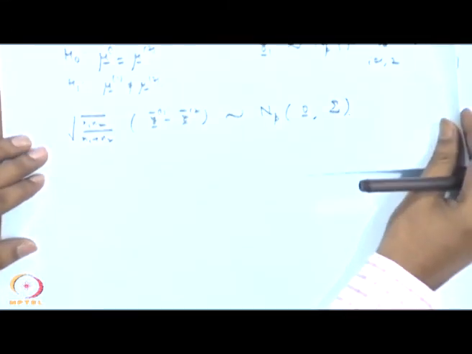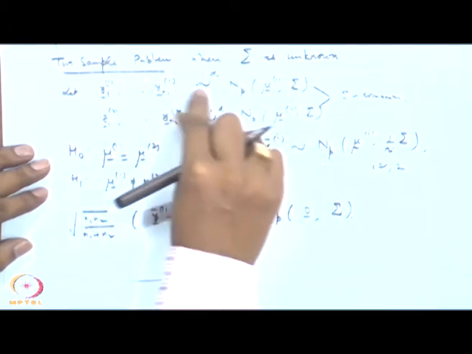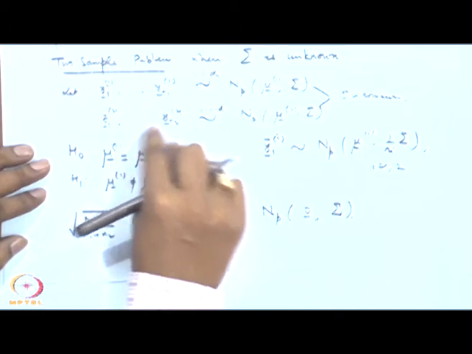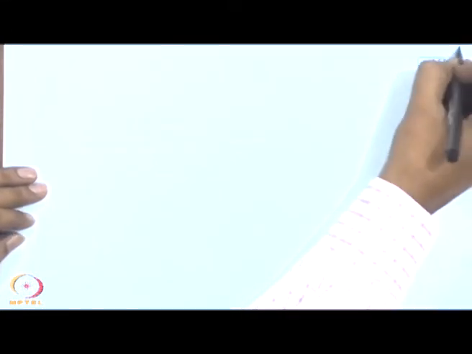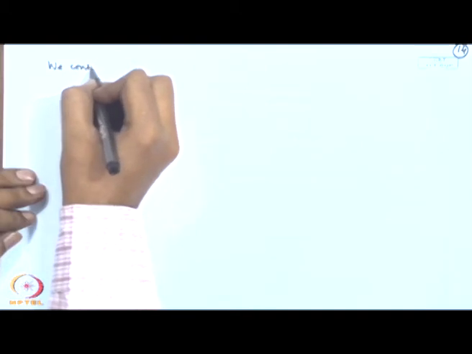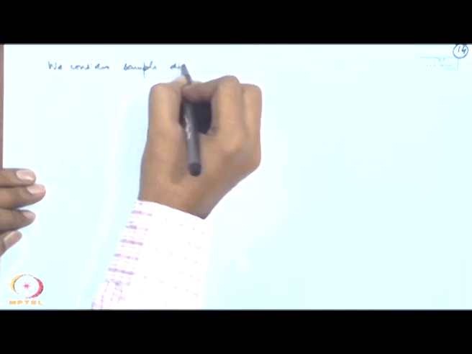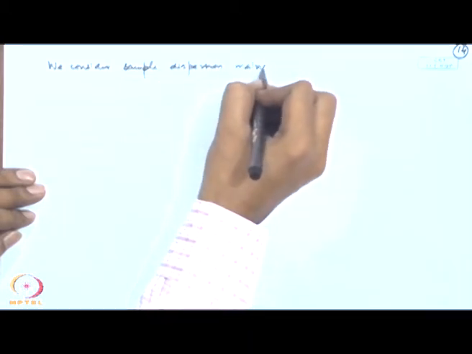So, we make use of S now, and for S we have two things. From the first sample we will get the variance covariance matrix S 1, and from the second I will get the variance covariance matrix S 2, and then we will consider pooling of that. So, let us define this. We consider sample dispersion matrices.